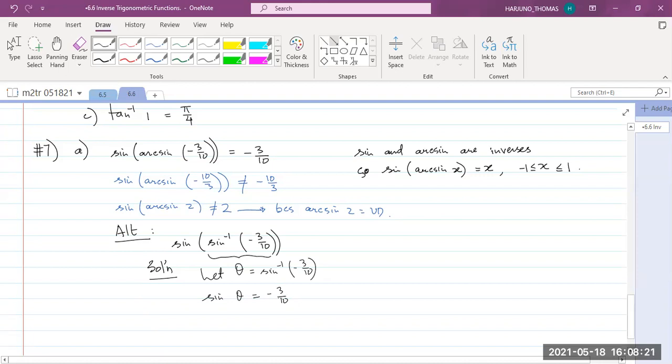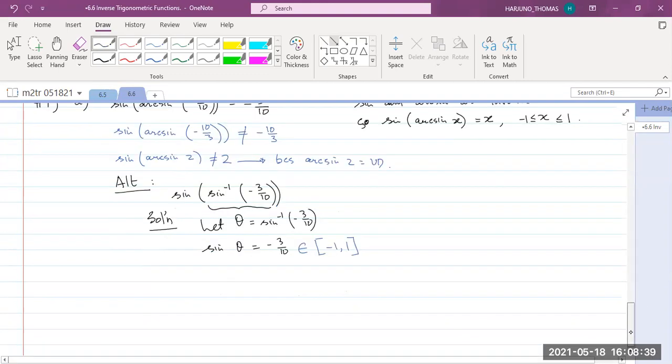Is negative 3/10 in the range of sine? Yes, it is, because it is between negative 1 and 1. Now, sine of theta, which is sine of sine inverse of negative 3/10, is negative 3/10.